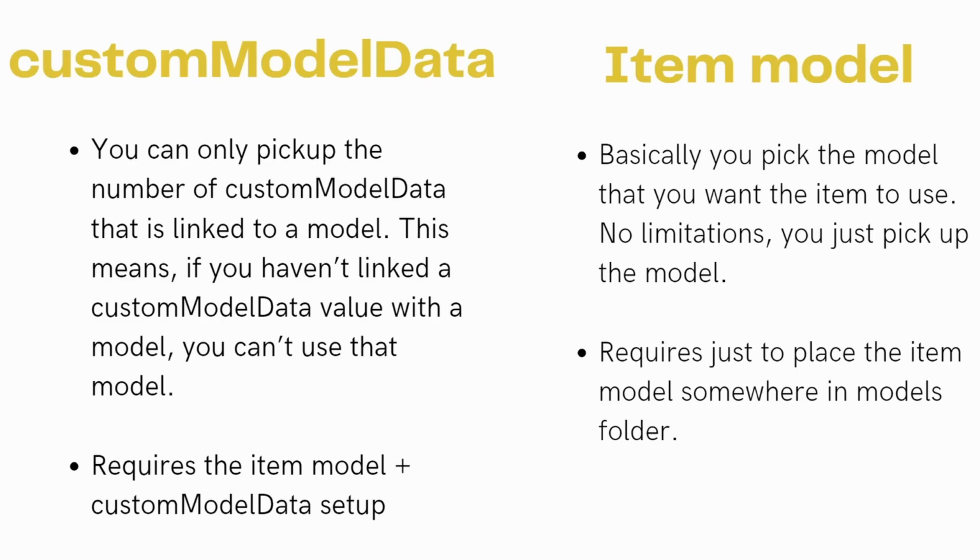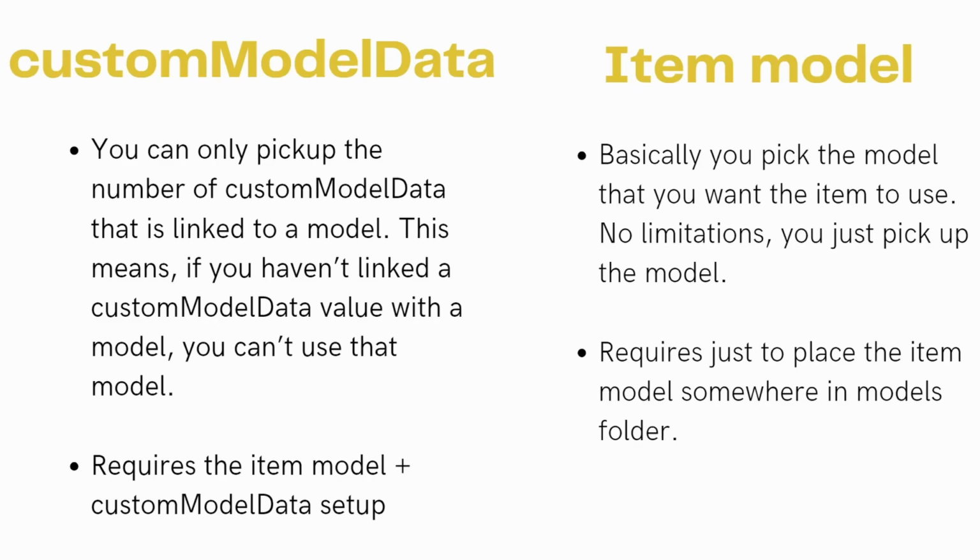That means you link a custom model data number to an item model. So what you need to make the item model work is the item model itself and the custom model data setup. Now with the new item model component, you don't need to create that custom model data setup anymore.